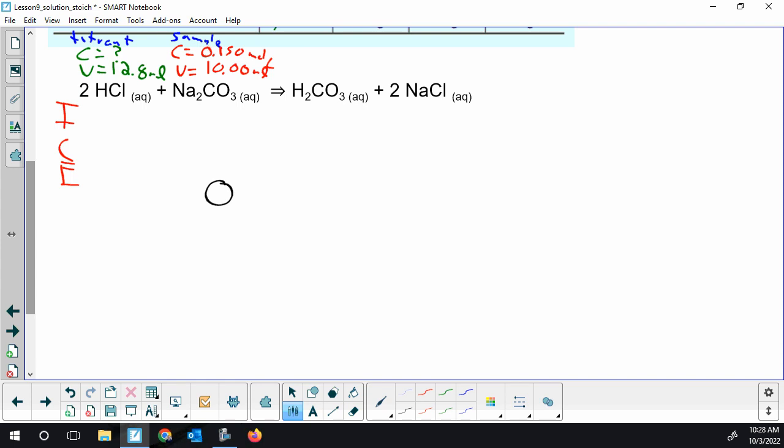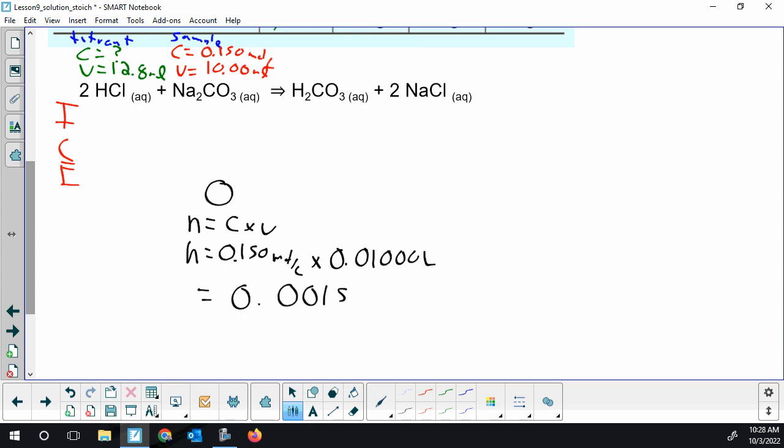I know it runs out, but the moles is going to be C times V. Then, for the sake of space, I'm not putting my units next to every number. All of that went away.